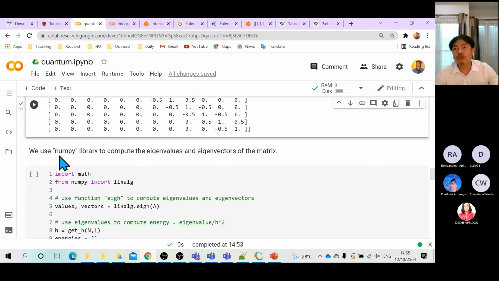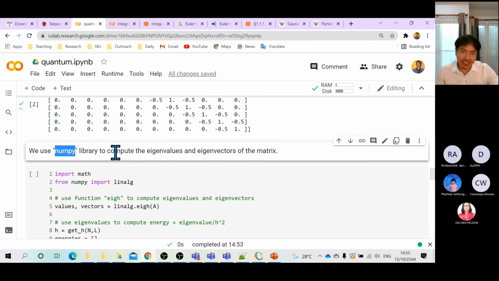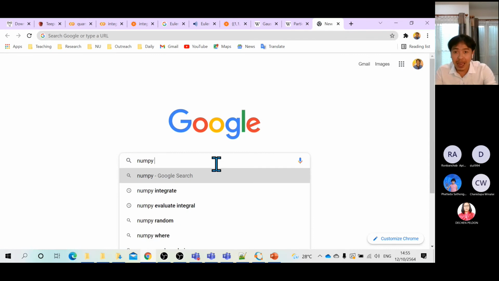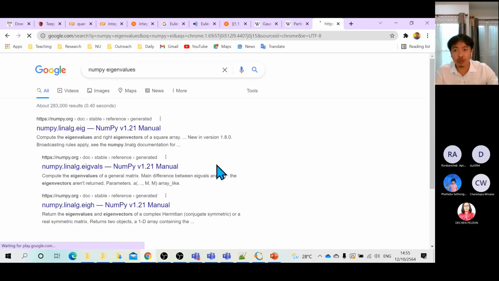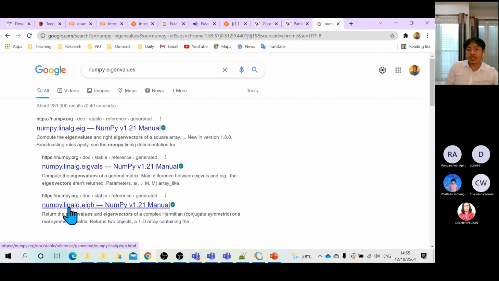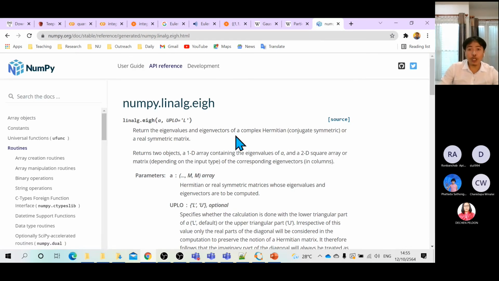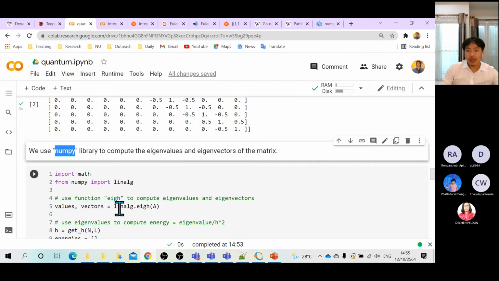If you go to the Numpy documentation, you can always check online. I do this all the time. I go to Google, I type Numpy, and I type eigenvalue. I just want to see what command or function I can use to compute eigenvalues and so forth. I put the code in here.